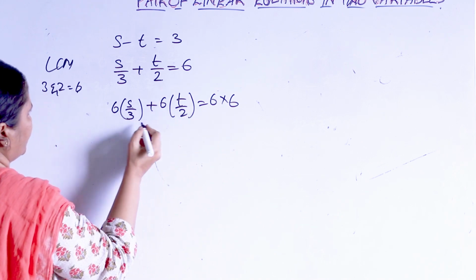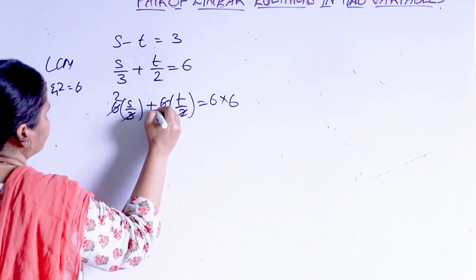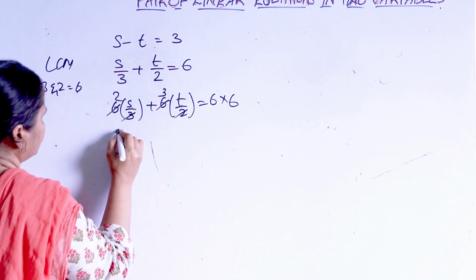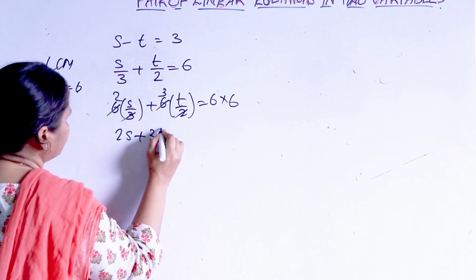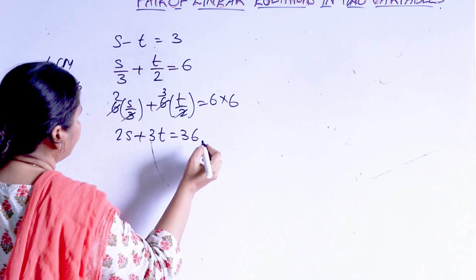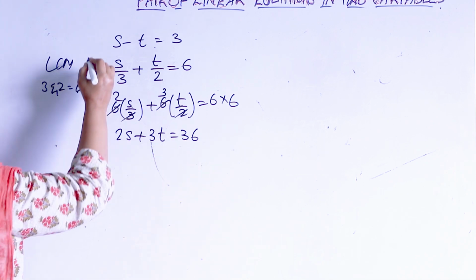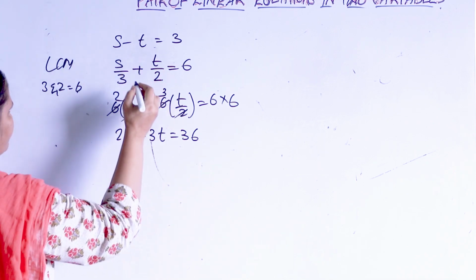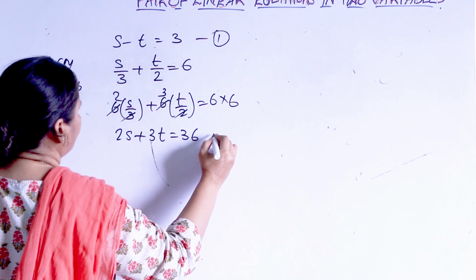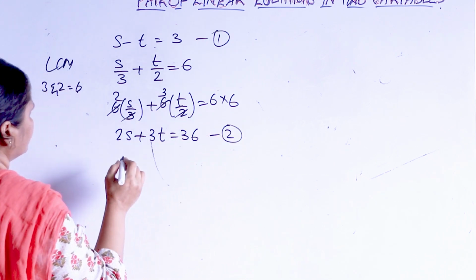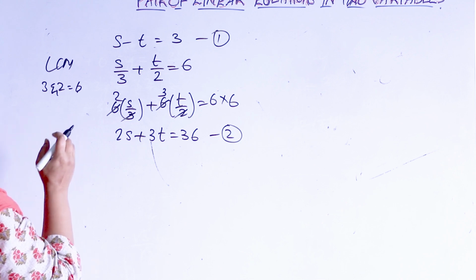Every term is multiplied. So here the equation changes to 2s plus 3t equals 36. Okay. So this is your equation 1 and this is equation 2. So you have your two equations to solve.